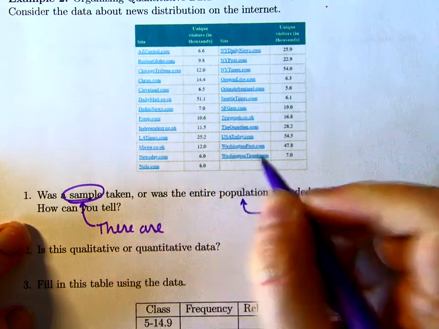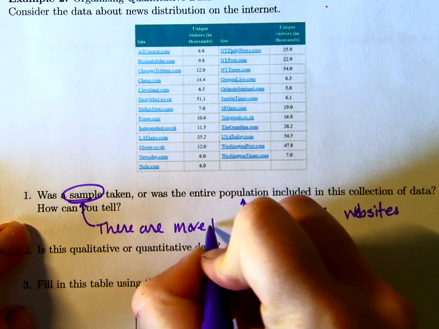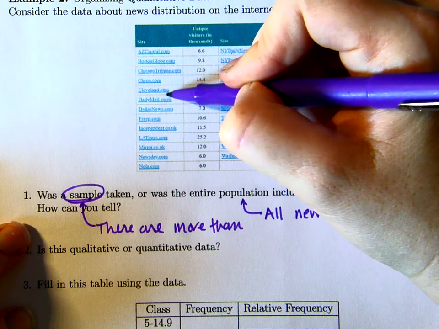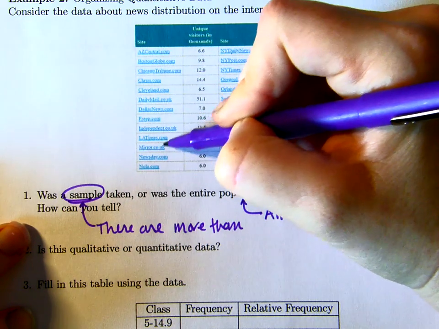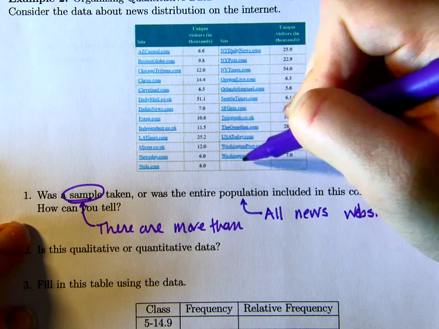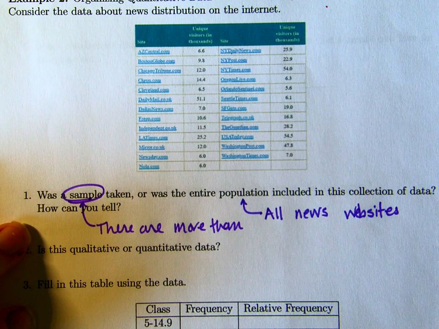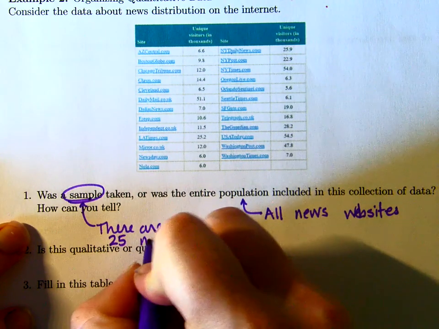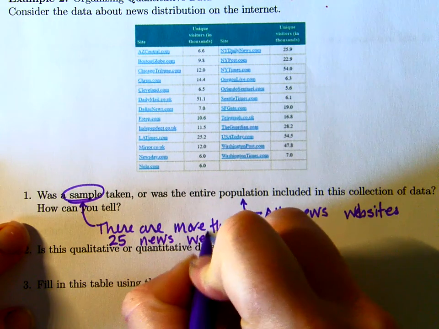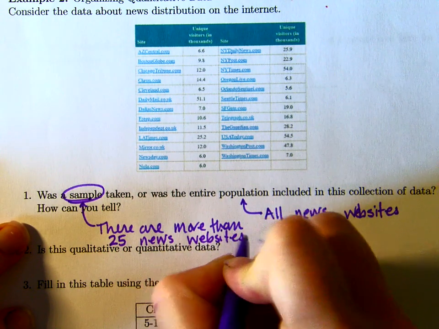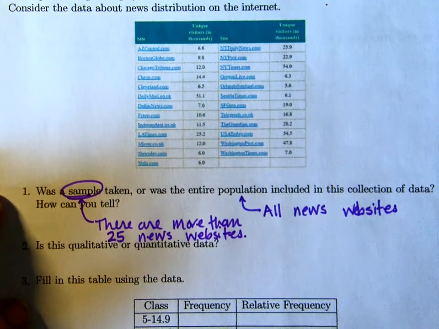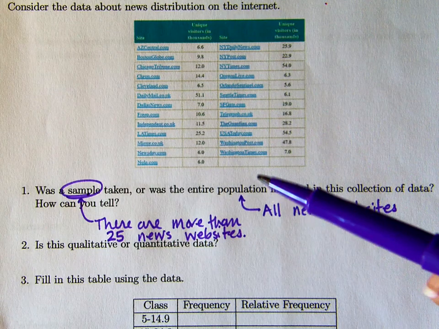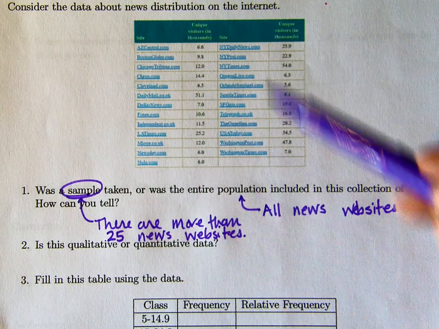There are more than, okay, let's see, 1, 2, 3, 4, 5, 6, 7, 8, 9, 10, 11, 12, 13. What is that? Then 25. I think that there are more than 25 news websites. So I absolutely think that this is a sample.